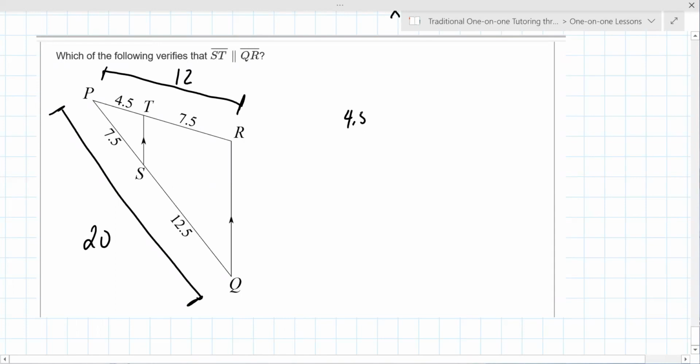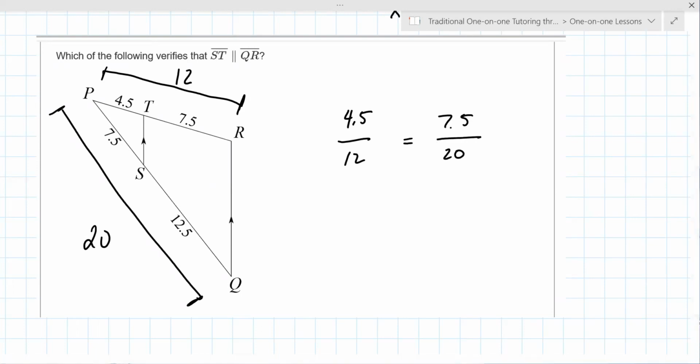So is 4.5 over 12, the smaller triangle to the bigger one, equal to 7.5 over 20? Are those the same? And I'm asking you. Let me check. Yes, they are.